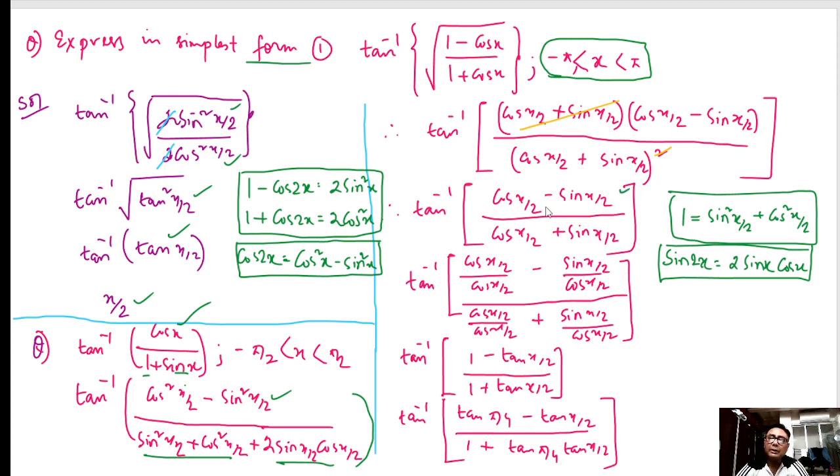Now dividing by cos x by 2 up and down, each term. So this becomes 1, this becomes tan x by 2, this becomes 1, this becomes tan x by 2. Now 1 is actually tan pi by 4, since tan 45 is 1. So in place of 1 I am putting tan pi by 4.